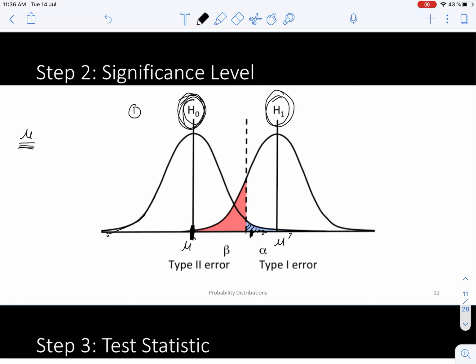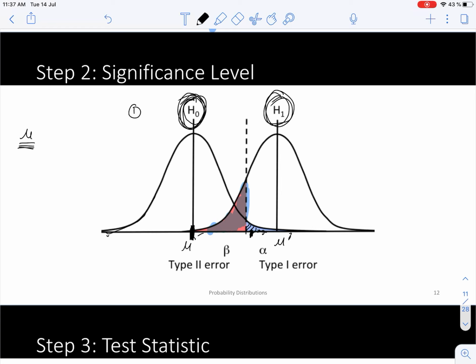Please notice that the type 2 error is measured in the second plot. Why is it measured in the second plot? Because the true value has changed. The true value is not mu, it's mu prime. It's different. H1 is the one that is true. That's why the type 2 error is measured as a probability in the second plot, not in the first one.